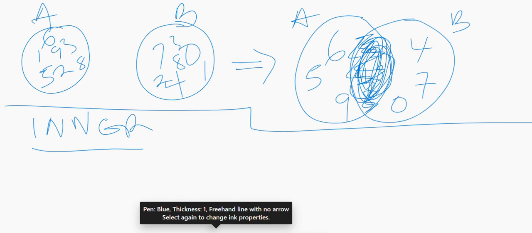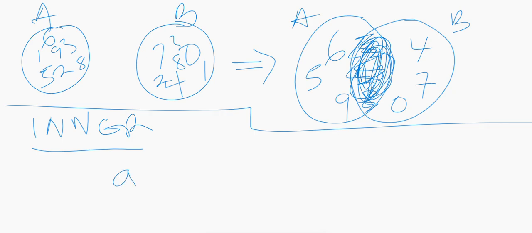When you're writing your SQL query, you say select blah blah blah inner join A on A.rep is equal to B.rep. So if it is inner join, that is what is common to A and B. We want the universities that are common to A and B.